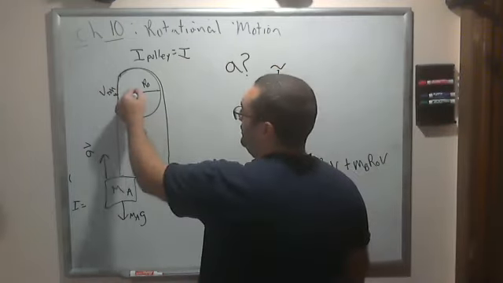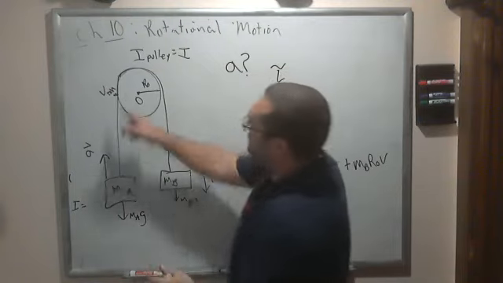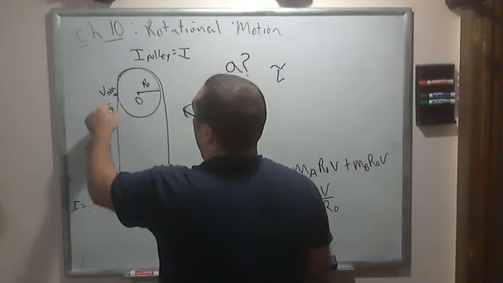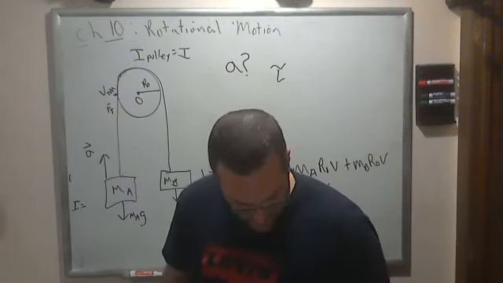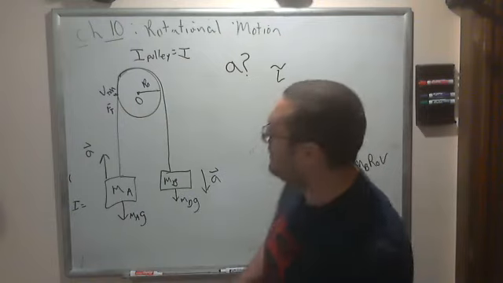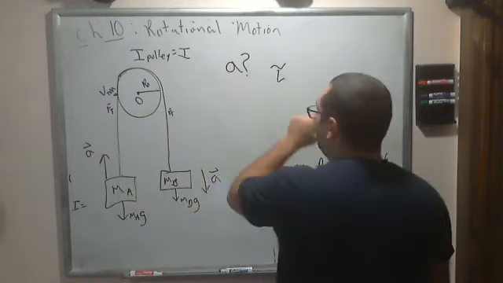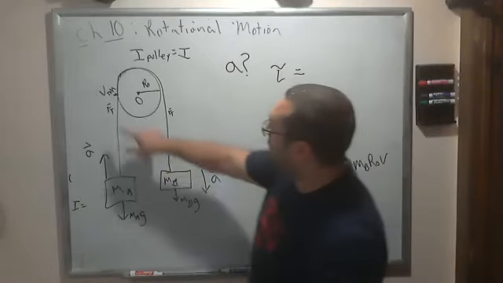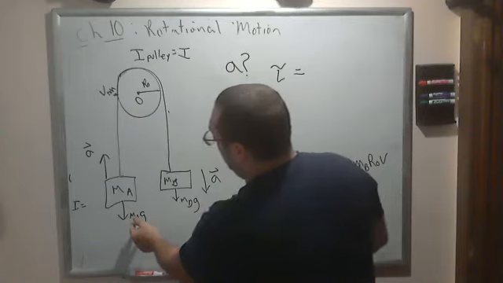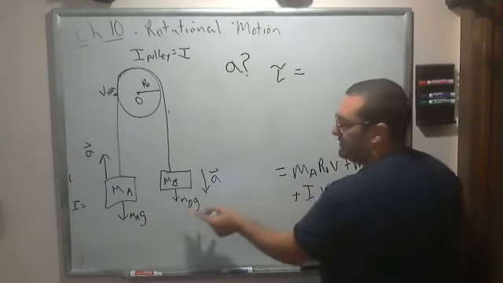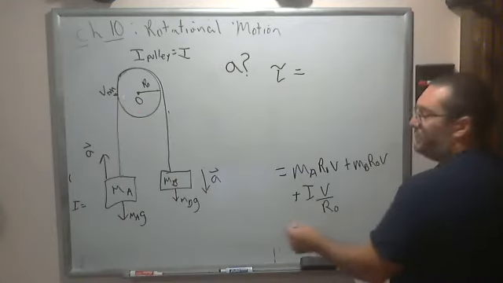There are two torques: the torque due to mass A and the torque due to mass B. They're applied through the tension force, m_A g down here and m_B g there.